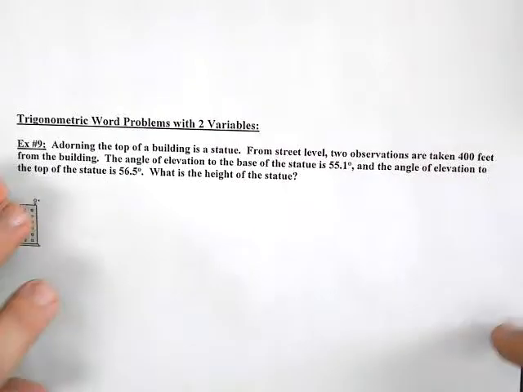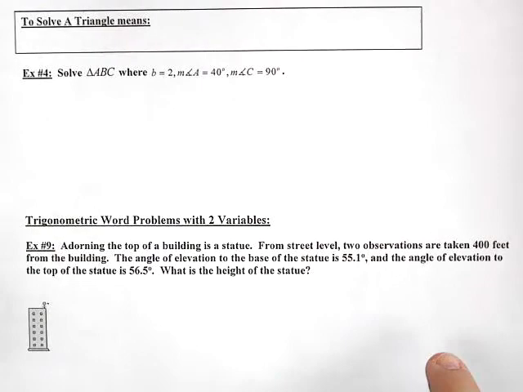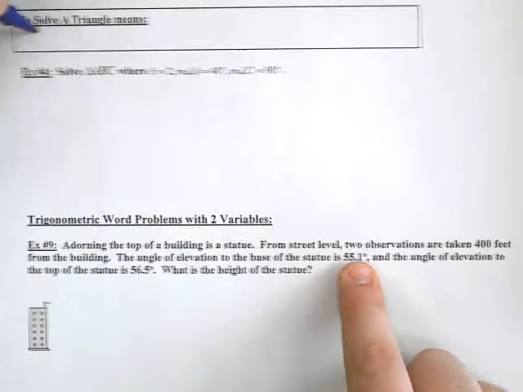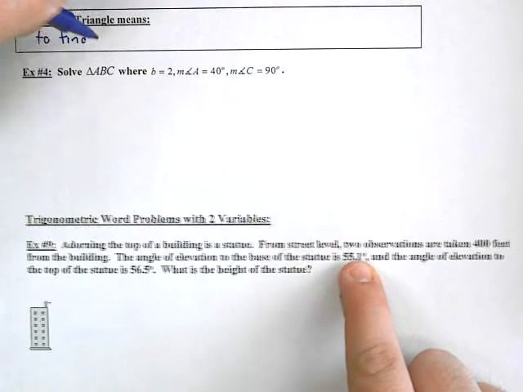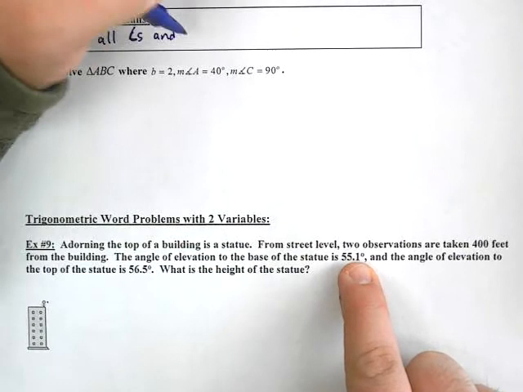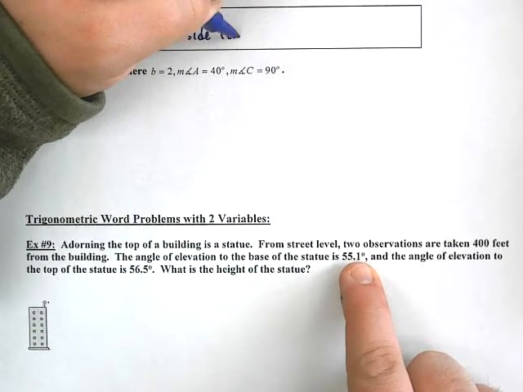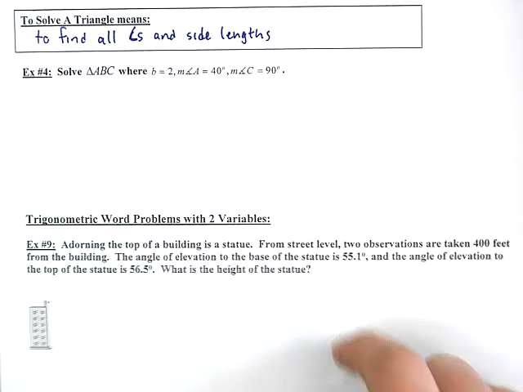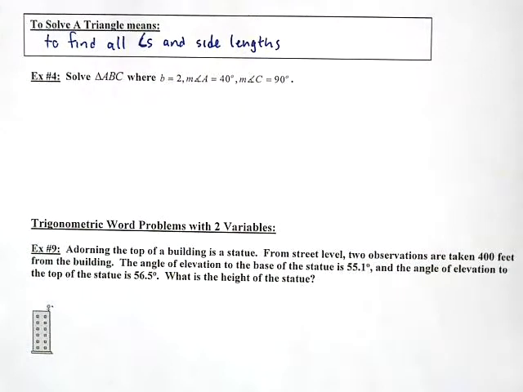Okay, last page here. Up at the top, I need you guys to understand that if we ever say to solve a triangle, it means to find all angle measures and side lengths.